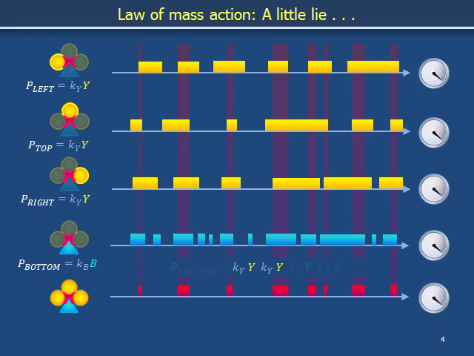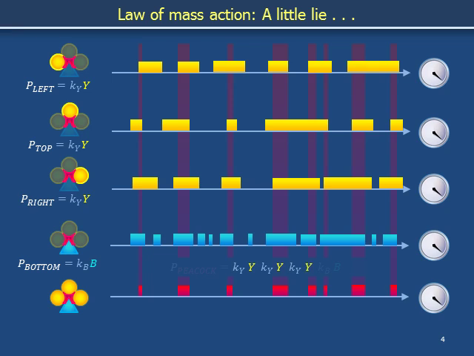For example, if the left groove is occupied 1/2 of the time, and the top groove is occupied 1/2 of the time, even being occupied 1/2 of those particular times when the left groove is occupied, then the top and left grooves are simultaneously occupied 1/4 of the time.